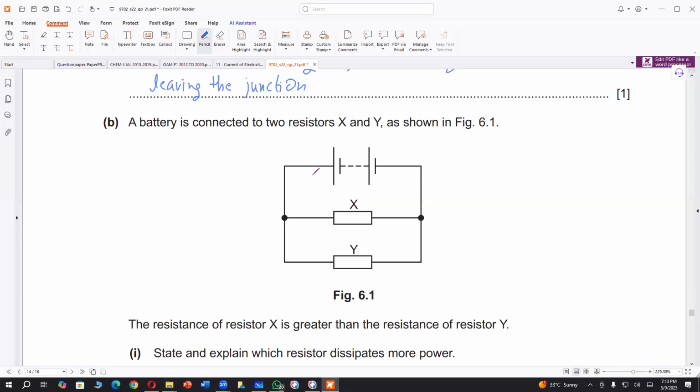A battery is connected to two resistors X and Y as shown.